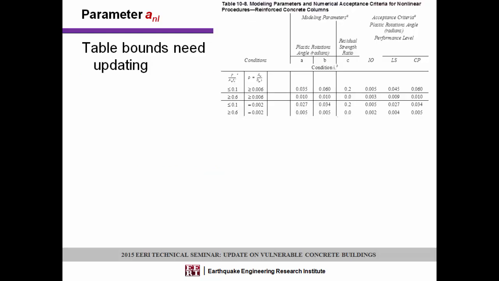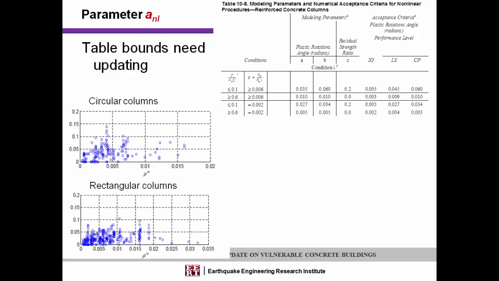And the other thing we looked at was the boundaries of the properties. If you look at the table in ASCE 41 and you're looking at the transverse reinforcement ratio, you're interpolating between 0.002 and 0.006, which is a very restricted space, and your axial load is 0.1 to 0.6.